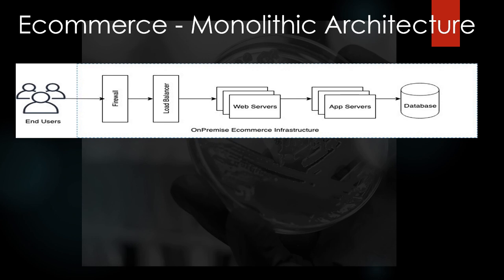All the functionalities are integrated into one application, and the database will have all the user profile information, the address, the payment information, and the product information. So it queries the data and processes the data where required. So everything is built into one single large application. That is the e-commerce monolithic architecture.